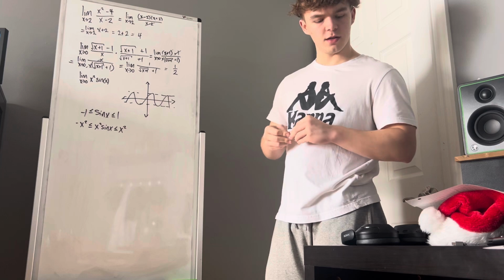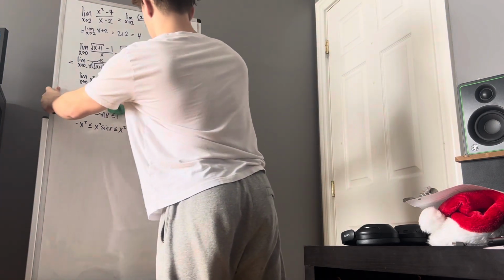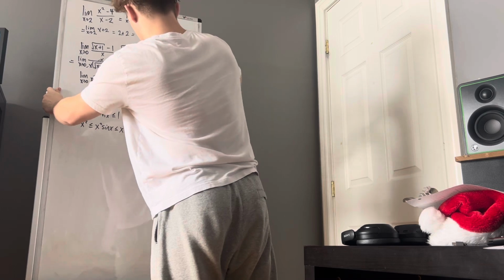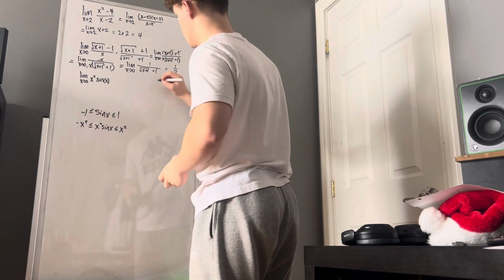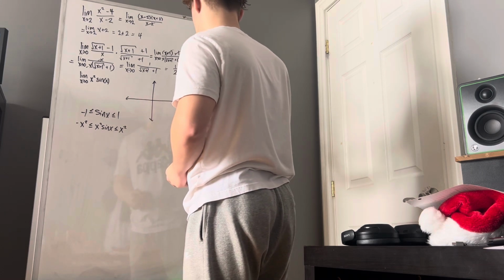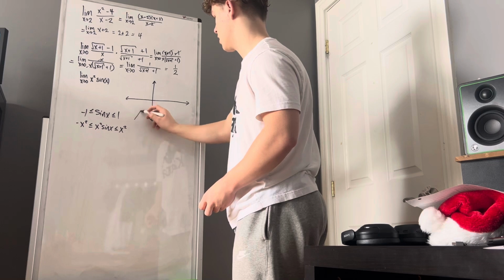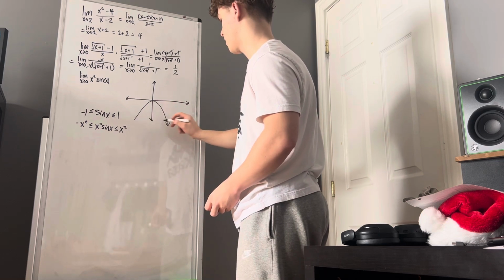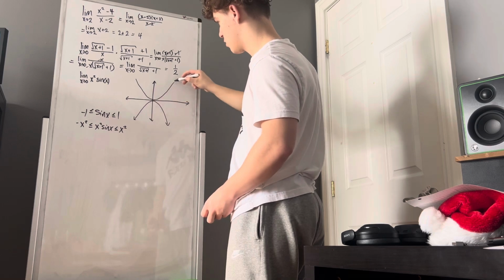But what we'll notice here is if I redraw this again, there's a lot of drawing here, but I just want you guys to visualize this. If I draw -x squared, we're going to get this. And I get positive x squared, we're going to get this.